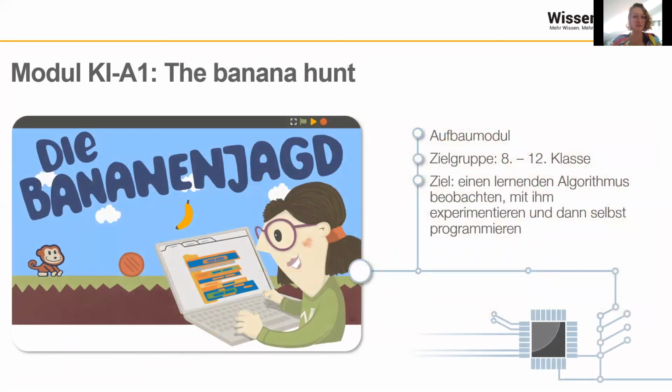Now to our first advanced module, which is also a SNAP module. In the banana hunt, students first observe a learning algorithm in SNAP and analyze how it works. Essentially, they analyze how fast the monkey in this picture learns how to jump over a barrel to catch the banana.